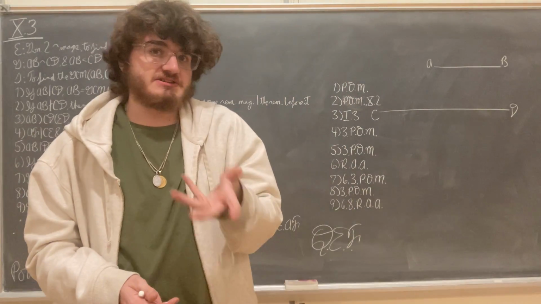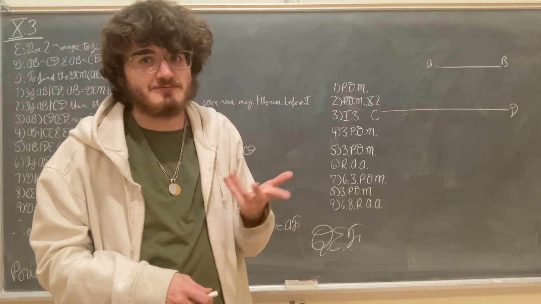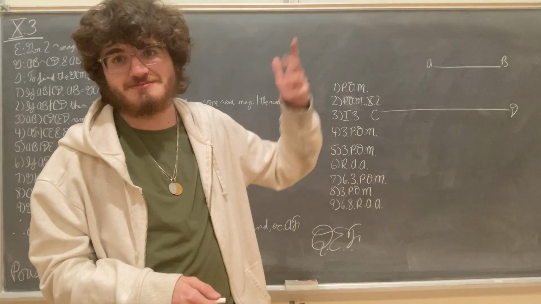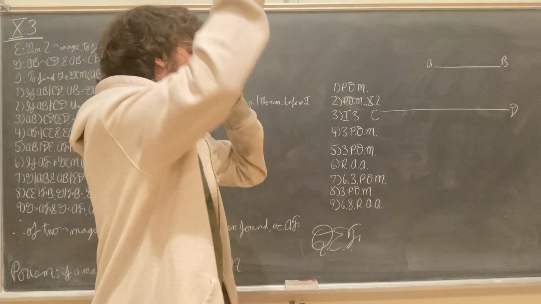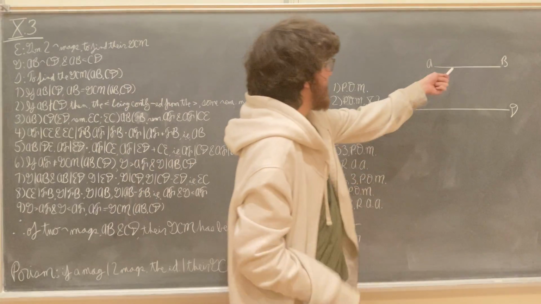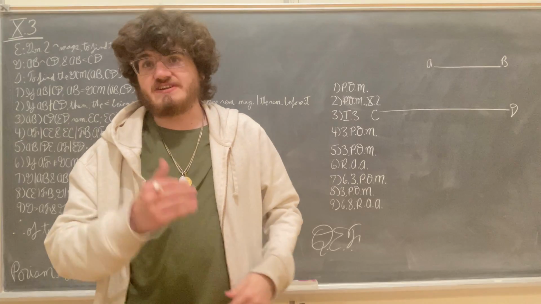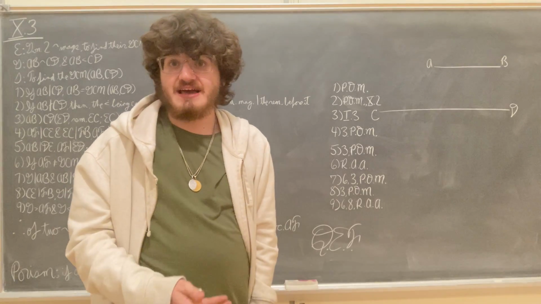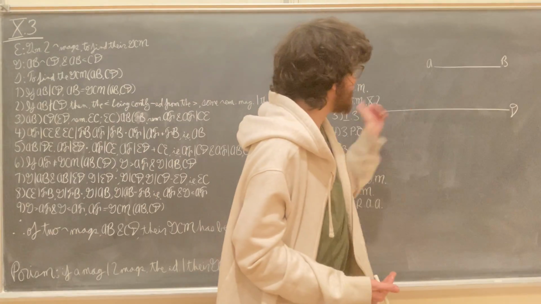Now from the outset, we're just going to stipulate that AB is the lesser of these two magnitudes, but it really doesn't matter. CD could be the lesser, and this proposition would work all the same. Now, it is either the case that AB measures CD or it does not. If it does measure CD, then it's obviously the greatest common measure of both AB and CD.